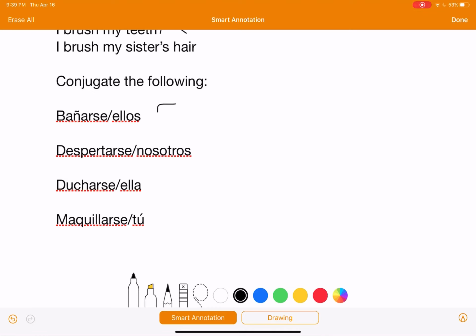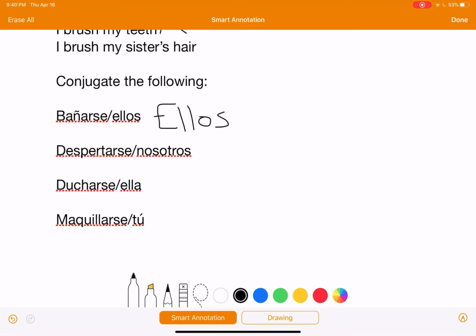So we have our subject pronoun ellos. Going through my process, I have to identify what's my verb and what's my reflexive pronoun. My verb is going to be bañar. My reflexive pronoun is se. Next I have to remove the se, and I'm left with bañar. How would I conjugate bañar for ellos?